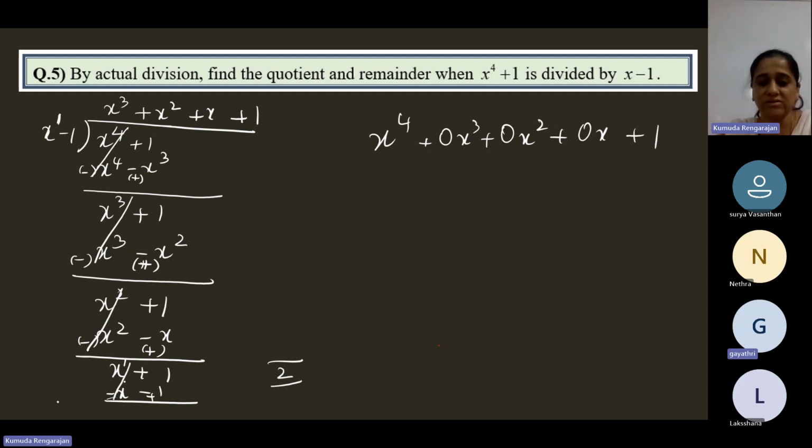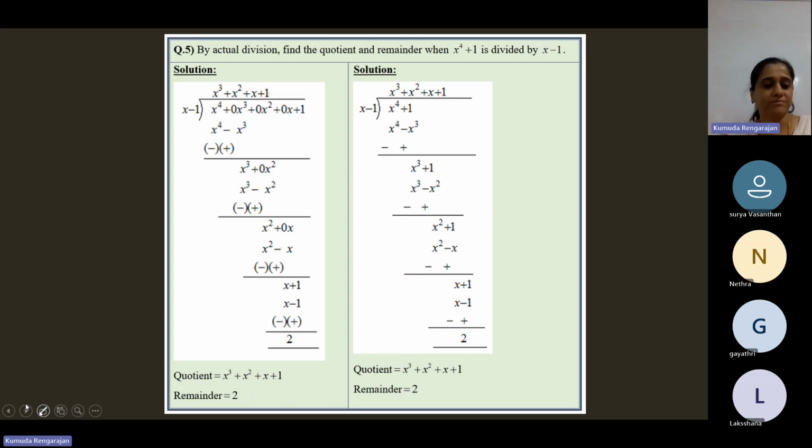Okay, I'll show the presentation. So when you see, after x to the power 4, you have plus 1. So you can just fill the missing terms with 0x cubed, 0x squared, 0x. So then what happens? X to the power 4 minus x cubed. You change the signs, cancels.